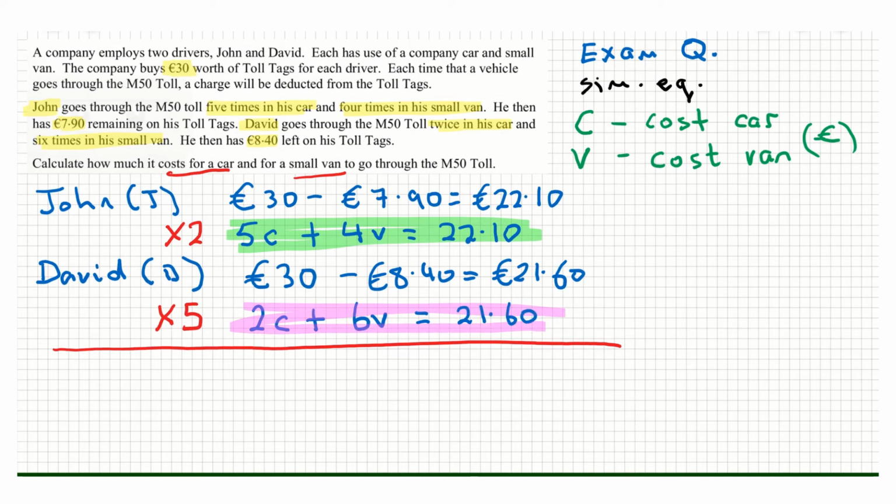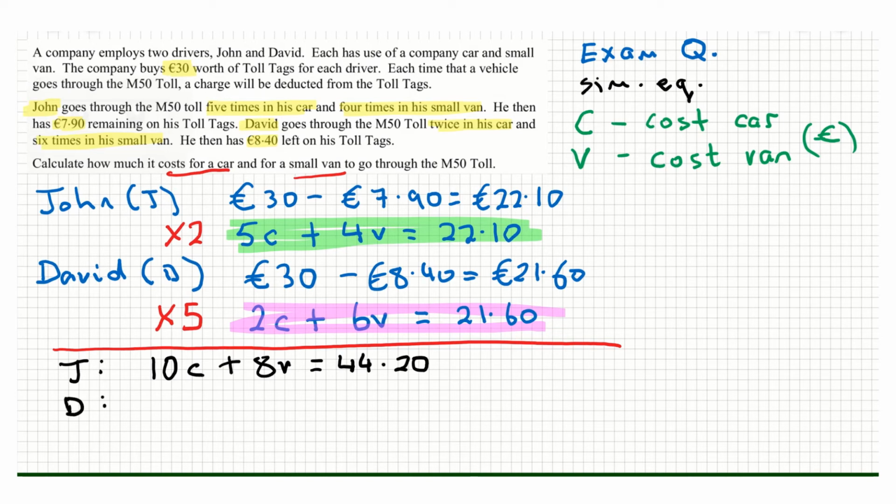They'll be aligned. Okay, so John by 2 will be, so I'm going to just do the J here, 10C plus 8V equals 44.20. You can use a calculator for all this if you're not sure.